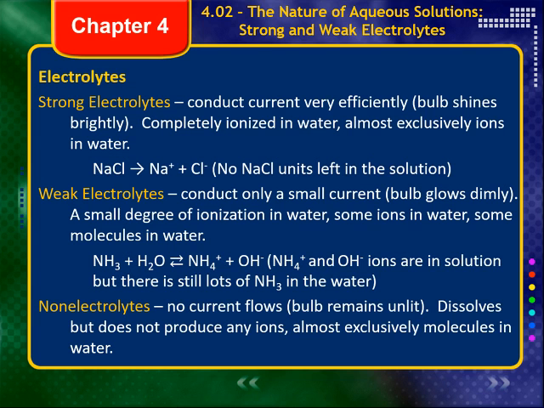You can also have non-electrolytes. There's no current flow. The bulb will not light up at all. And so this means that, yes, this non-electrolyte is dissolving into water, meaning they're breaking apart from one another, but the unit never breaks down to produce any ions.